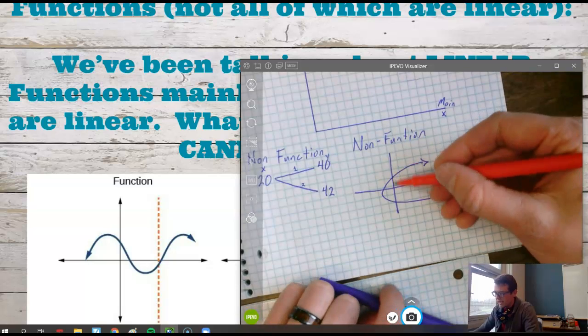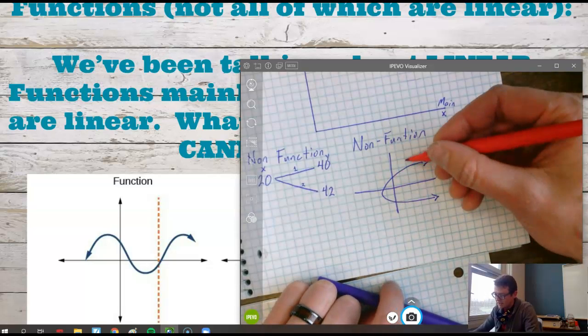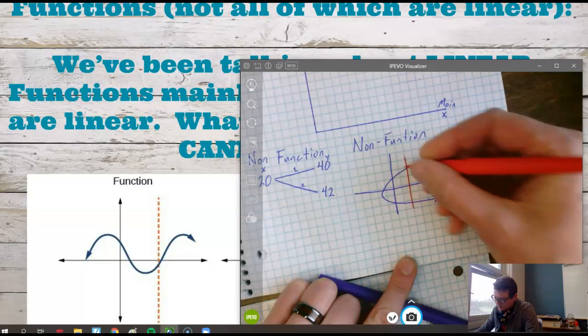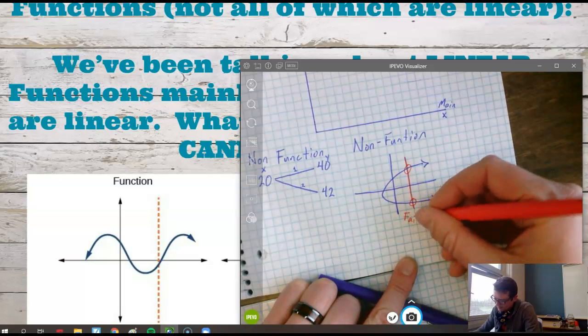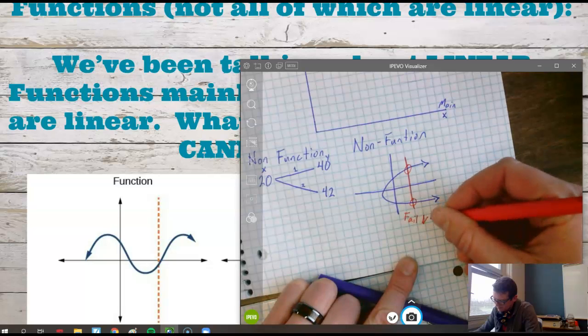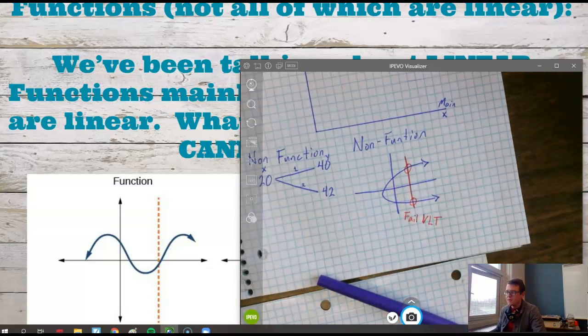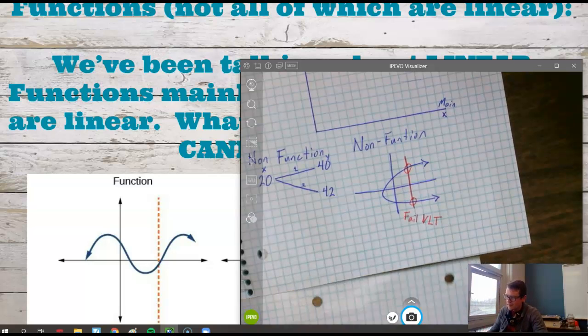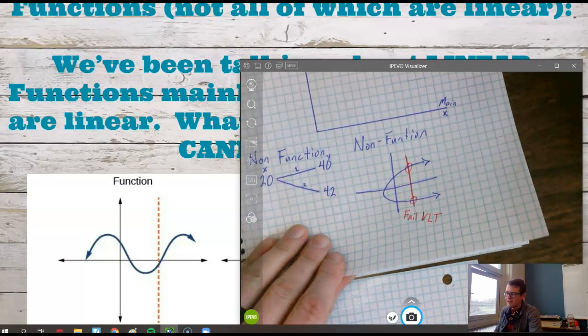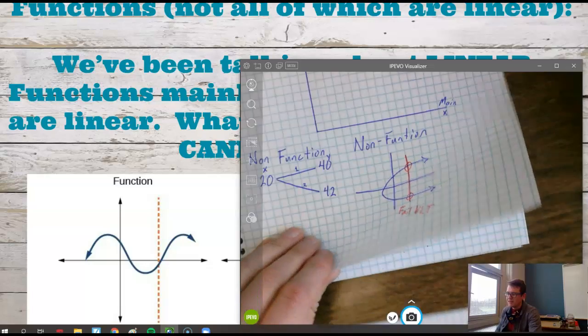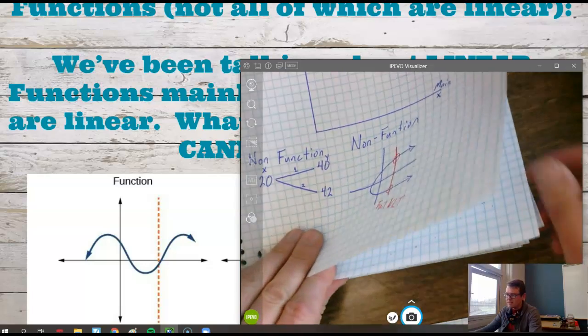on your, now the y-axis is its own vertical line test essentially, but if I draw a vertical line right here, we fail the VLT. We fail the vertical line test because we hit it twice. Now what's interesting though is the picture that you can still see on the left there, that says that it is a function.